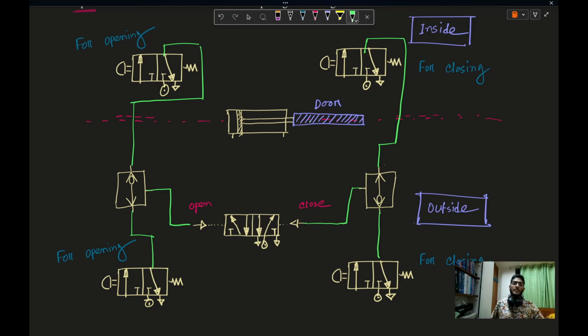The meter in circuit is controlling the input fluid. First, draw two restrictors. Then I have to draw the check valve. I will block this side with the check valve. So fluid will go through this restrictor and I will allow flow through the check valve on the right side.